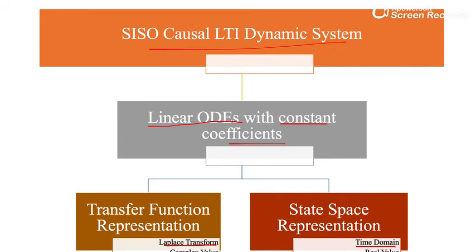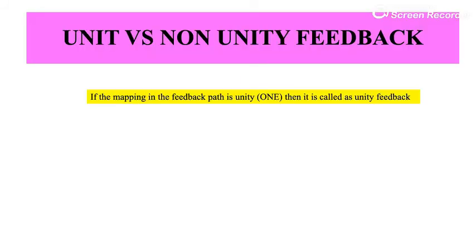There are a few more concepts that we would discuss with respect to the general closed loop control system. Let us write them down as a set of points. So first is depending on what is the mapping in the feedback path. Okay, we have unity and non-unity feedback.